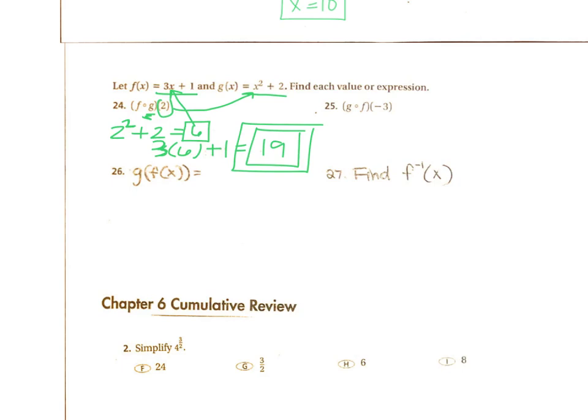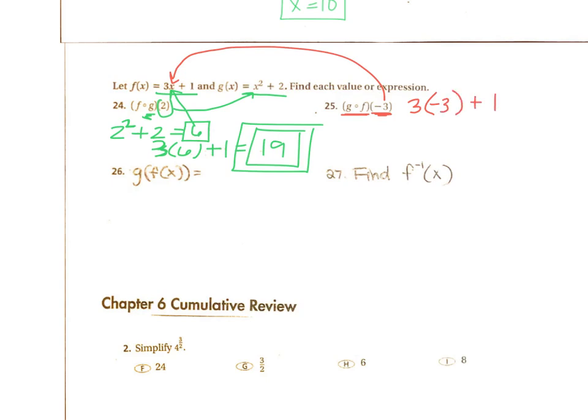All right, so let's do the same thing for 25. Now this one switched it around, so we're going to do the f of x first, and then g. So they want us to plug a negative 3 in to our f of x function. So it's 3 times negative 3 plus 1.